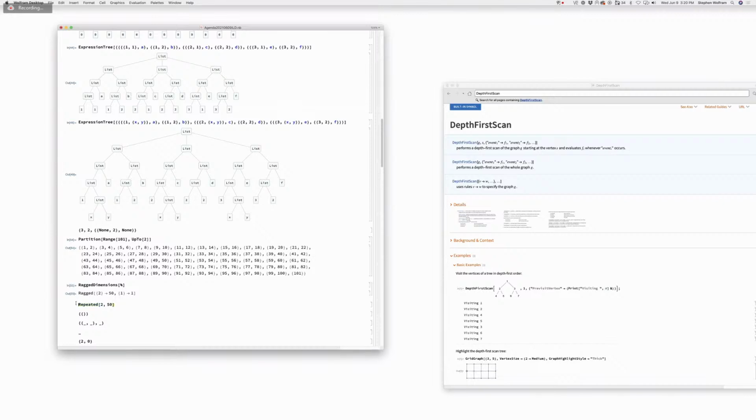So then this would look like repeated 2, 50, 1, correct? Mhm. That will be the form of that level.